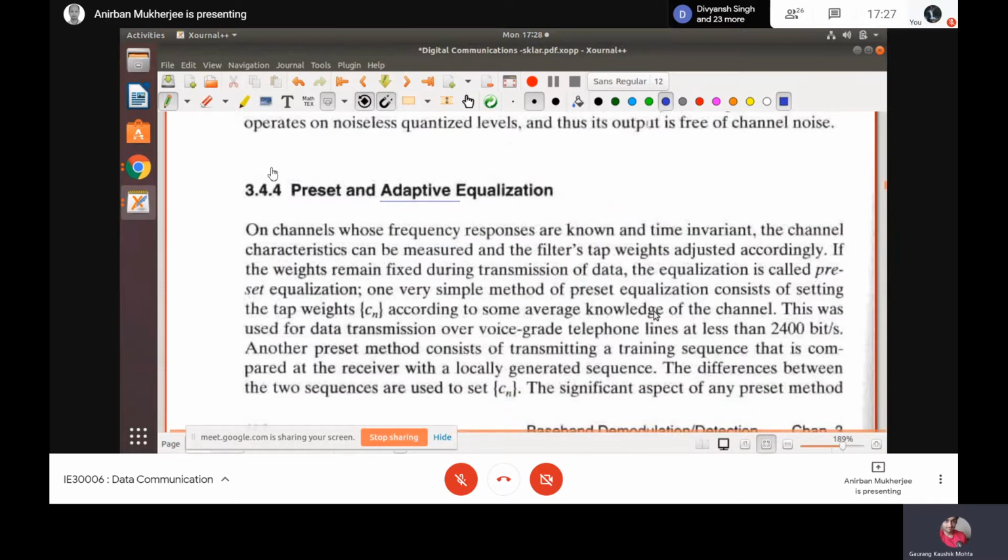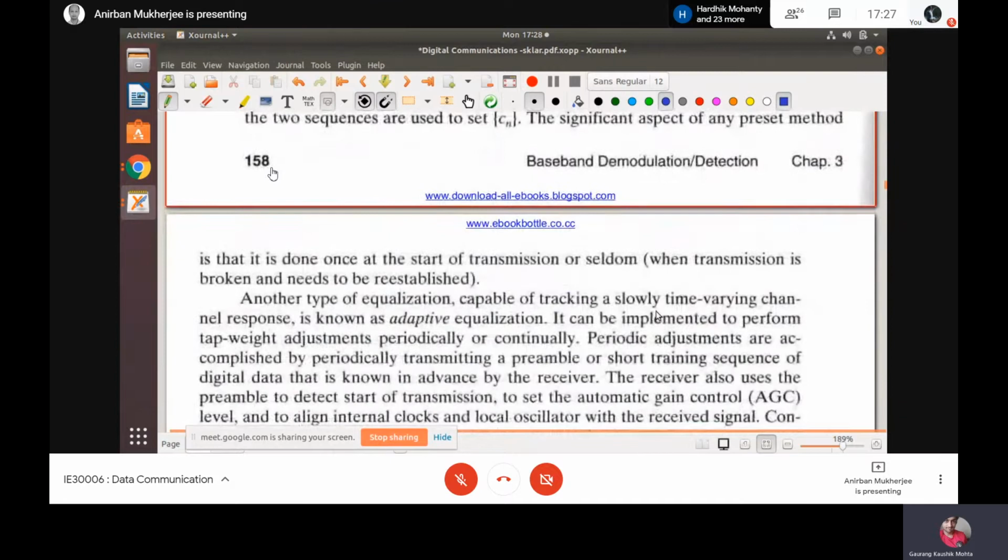So the adaptive equalizer is capable of tracking a slowly time varying channel. In the previous ZF equalizer or MMSE equalizer, the problem is that once you have estimated the channel, that means you have calculated C0, C1 and so on, you are mitigating the channel depletion, and that's all.